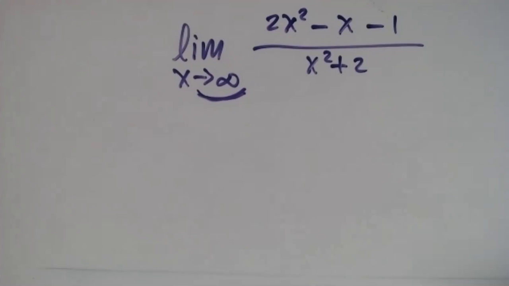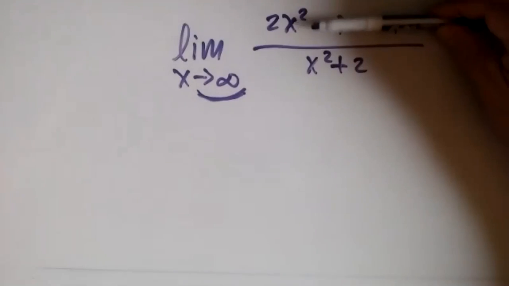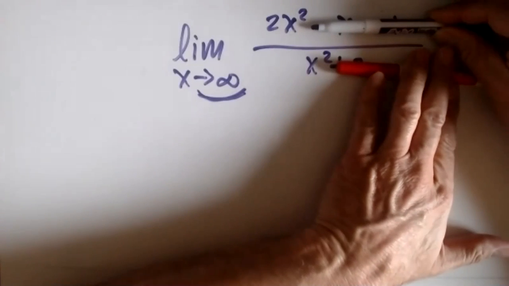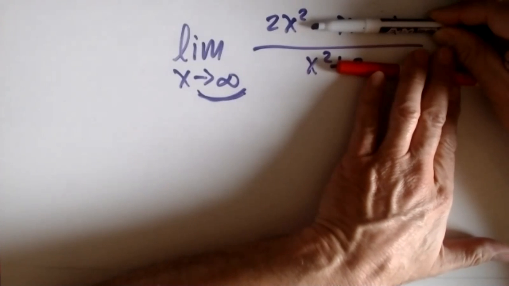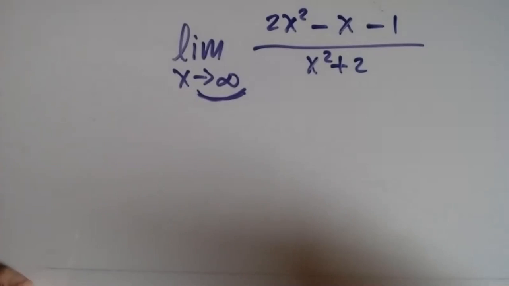Who are the big boys in the class? 2x squared and this one. So I'm going to cover the other terms. You see? What is this expression equal to? 2. That's it. So what is going to be the limit of this expression? 2. That's it. Correct.